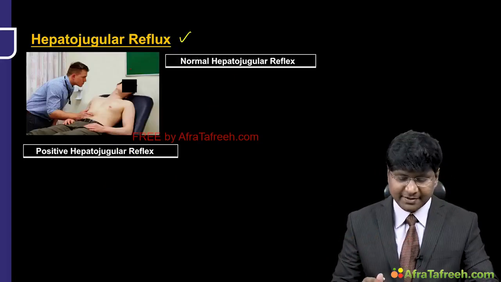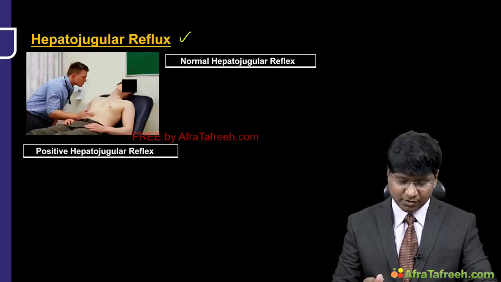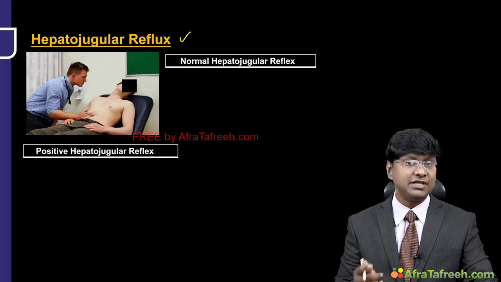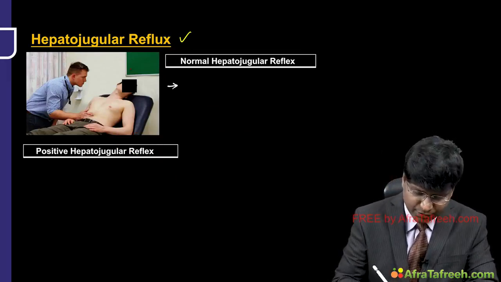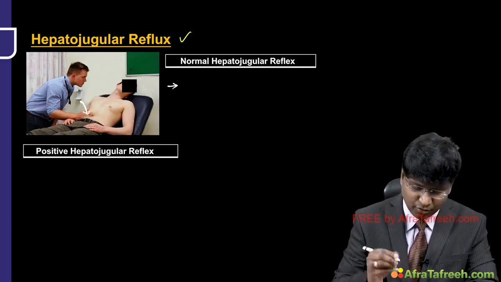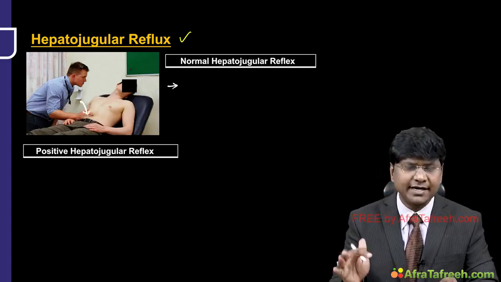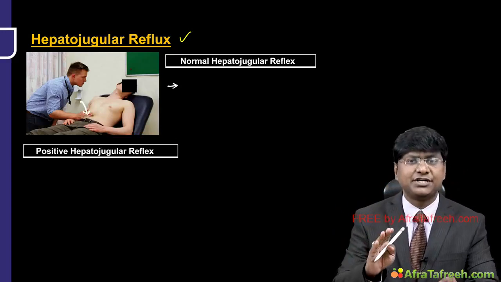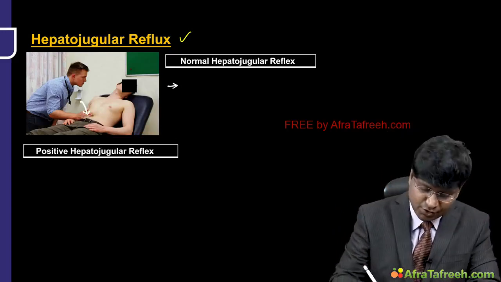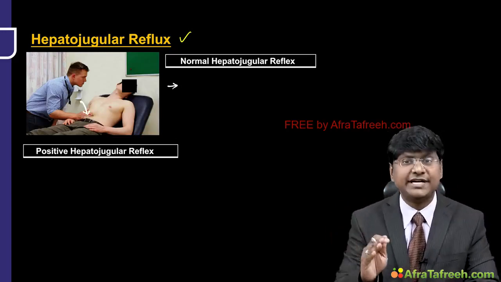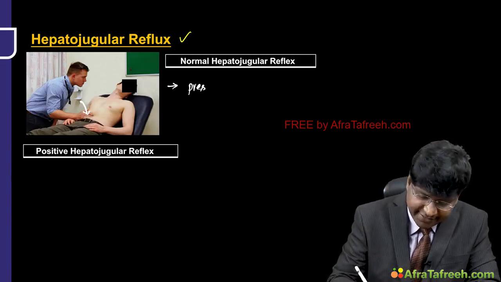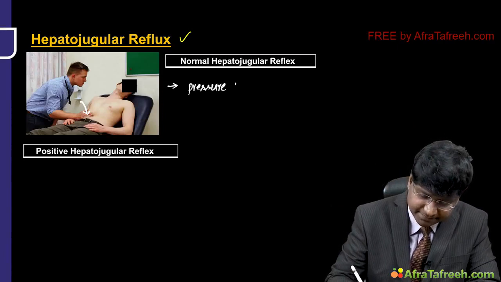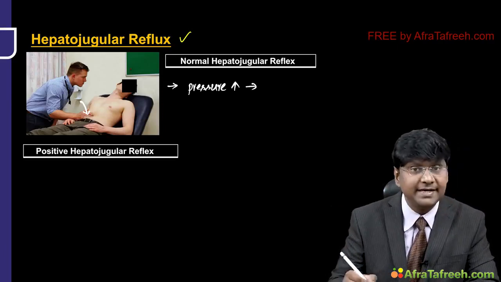Now, let me discuss the hepatojugular reflex. What is the normal hepatojugular reflex? What you have to do is apply a gentle pressure over the right hypochondrium. With this application of gentle pressure, the pressure within the right hypochondrium has to build up. How much does it have to build up?